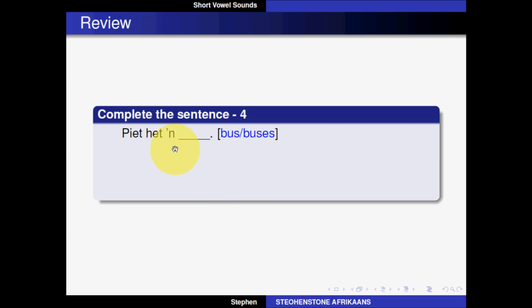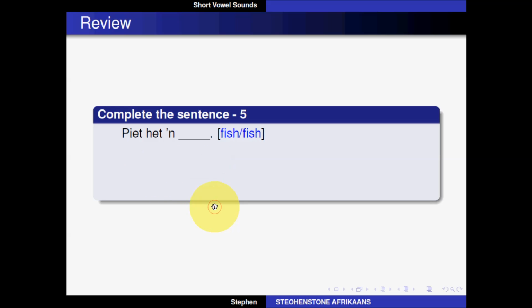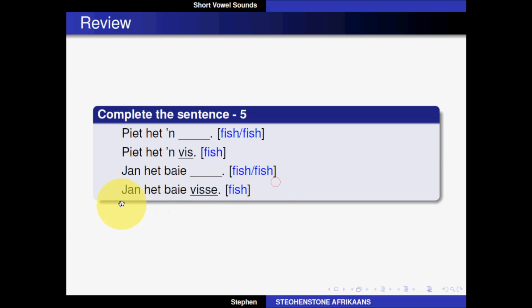Piet het bus. Piet het bus. Jan het baie busse. Jan het baie busse. Piet het vis. Piet het vis. Jan het baie visse. Jan het baie visse.